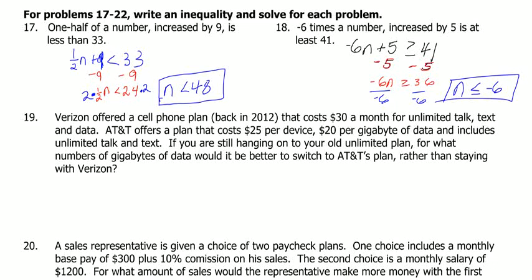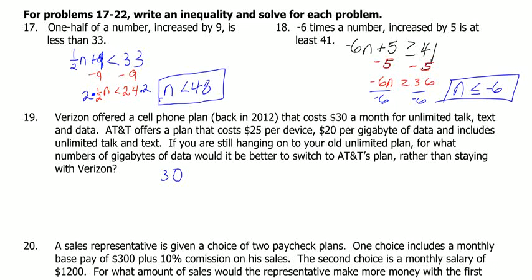Okay, now this is actually somewhat useful, right? So let's see, phone plan $30 a month for unlimited talk, text, and everything. AT&T offers a plan that costs $25 per device and $20 per gig of data.